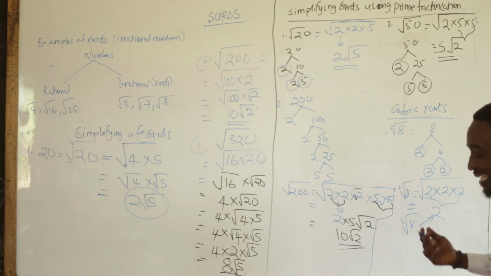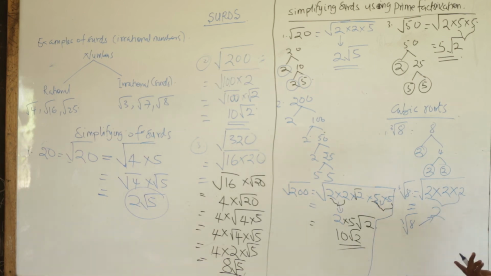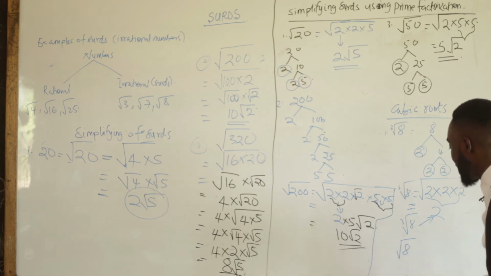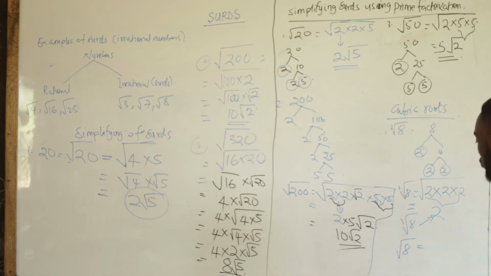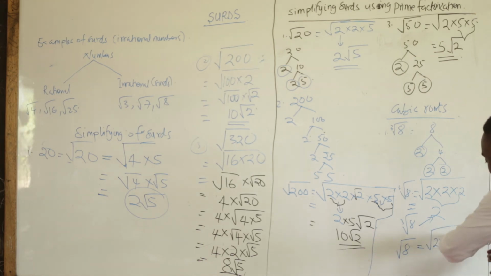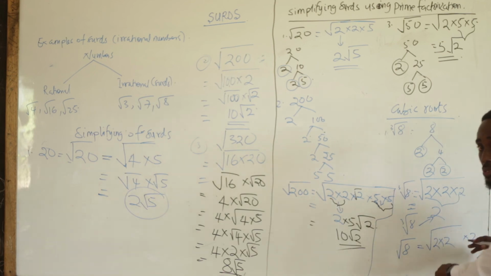But then, what would the square root of 8 be? So the square root of 8 would be the numbers multiplying themselves 2 times 2. And then this last 2 does not have a pair. It is not twinning with any other number. So 2 root 2, we bring the 2 and then root 2.